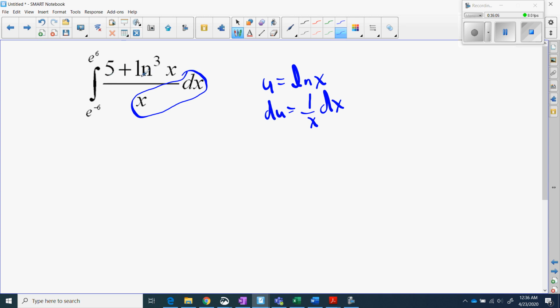This is 5 plus u cubed. So integral, I'm just going to leave these out for a second. Integral of 5 plus u cubed, and that's in brackets, dx over x, that's du. Do not put these bounds on here because those are bounds on the letter x.